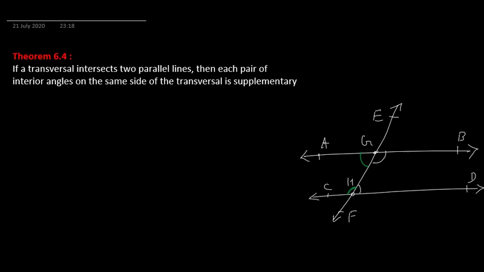So let us write what is given. So if you see, we are given AB parallel to CD. When I write AB parallel to CD, it is nothing but line AB is parallel to line CD. This is given. And what we have to prove?